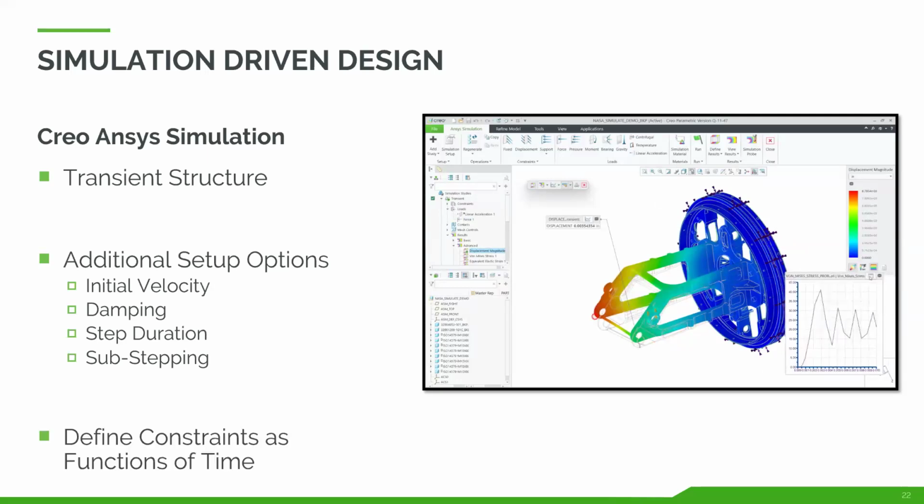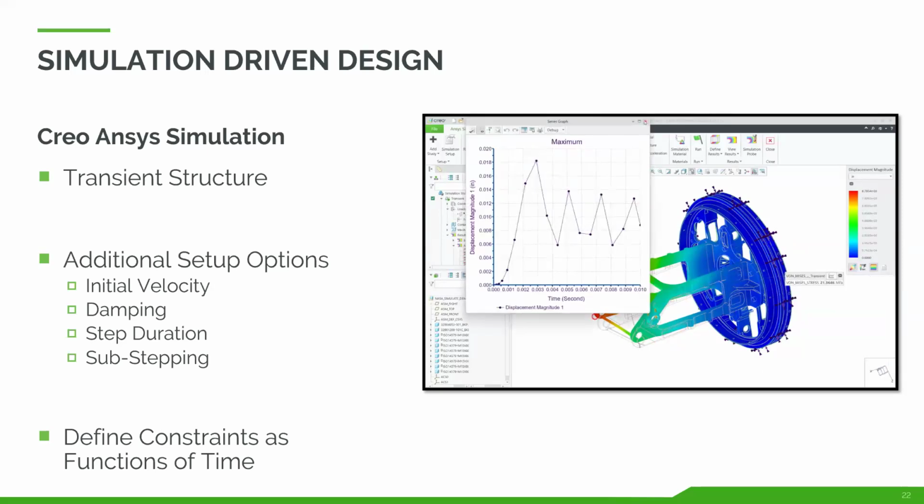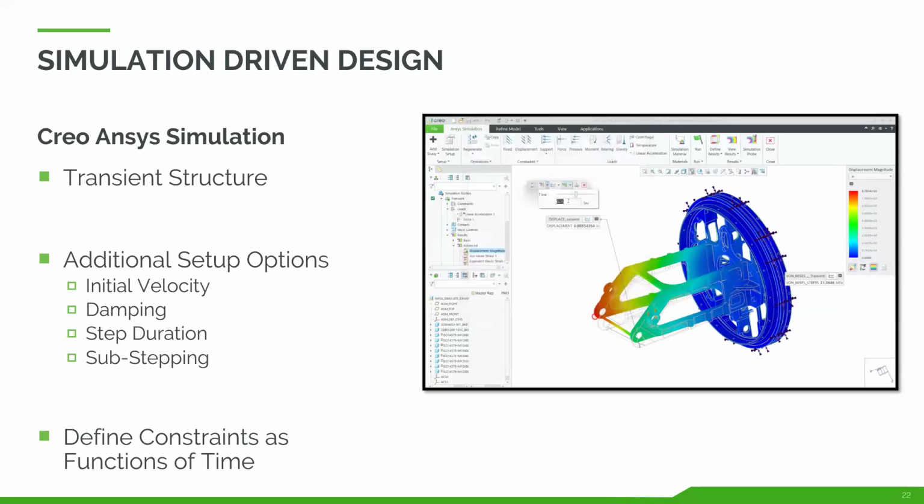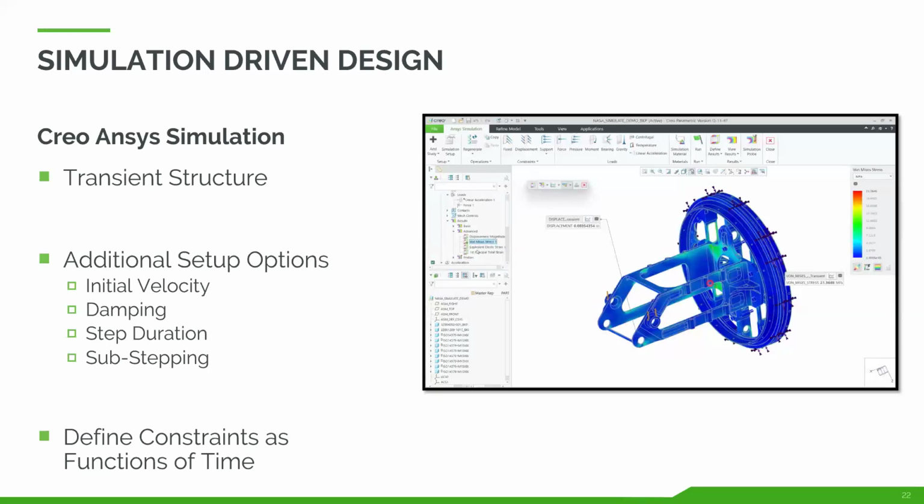This will include the ability to even define your constraints as a function of time. Overall, we're giving you the ability to run multi-step structural simulations on your different types of models. So a lot of expanded abilities within Creo ANSYS simulation.